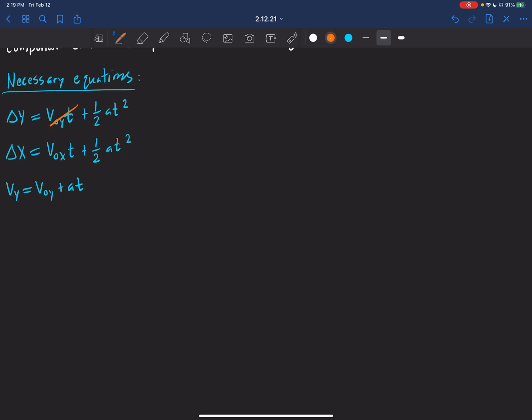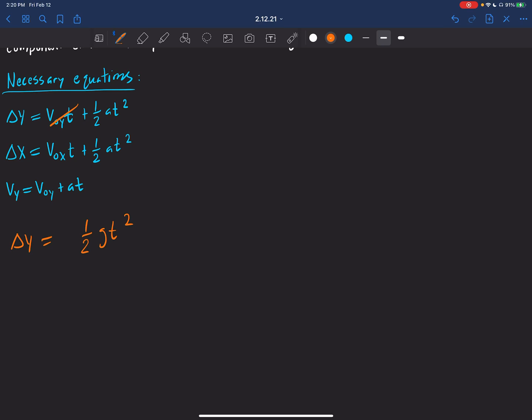So I'm going to write that down like this. Delta y is going to be minus 1/2 gt squared. And let's see, really, you don't need a minus sign because we're just solving for a time.